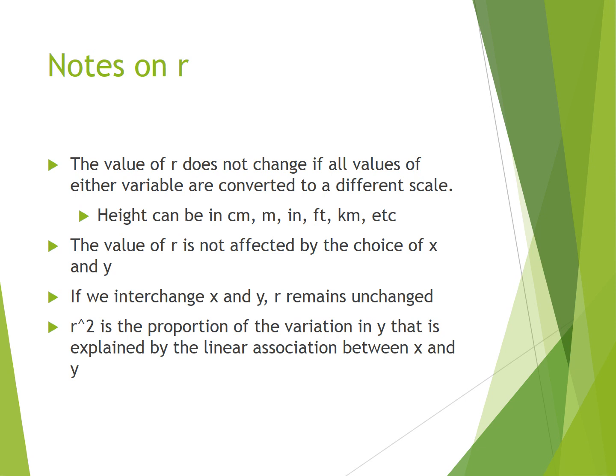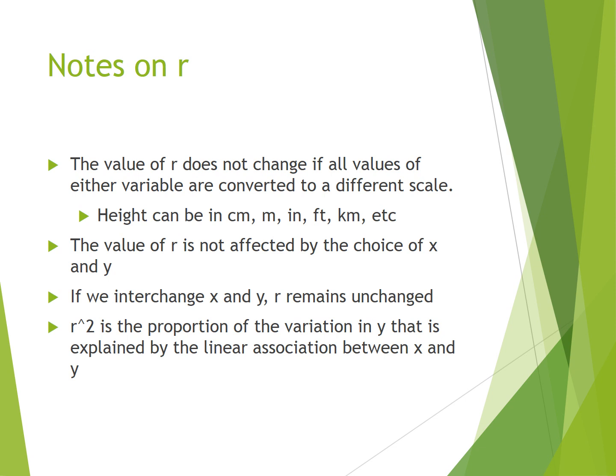R squared says that only a little less than 50%, so only about 50% of your blood alcohol level is explained by the number of beers you drank, right? So R squared is the proportion of the variation in Y that is explained by this linear association between the number of beers that you drink and your blood alcohol content.